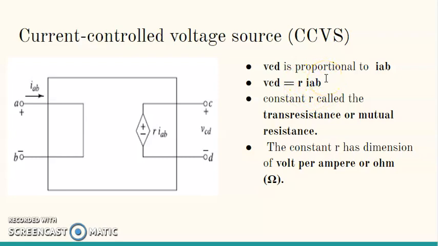Hence, it is a current controlled voltage source. If we try to find the value of this constant R, it is equal to VCD upon IAB. As it is the ratio of voltage to current, we call this constant transresistance or mutual resistance, and hence its unit and dimension is volt per ampere, or ohm.